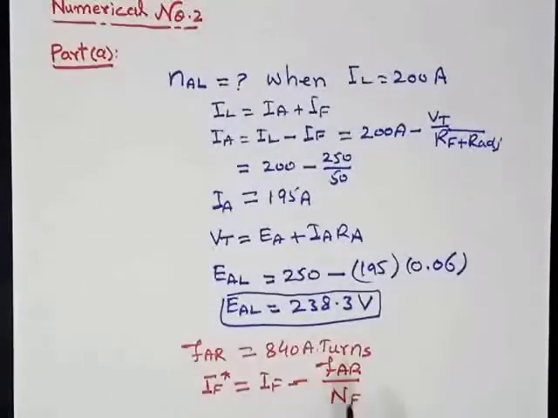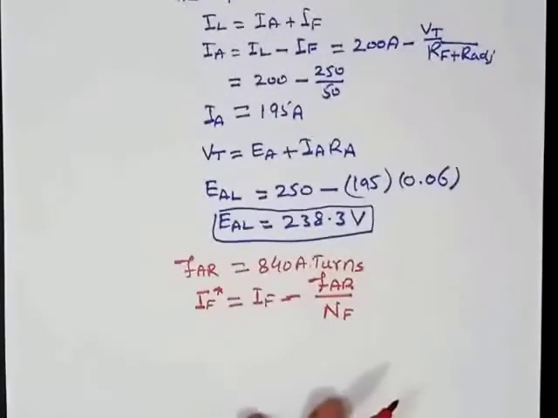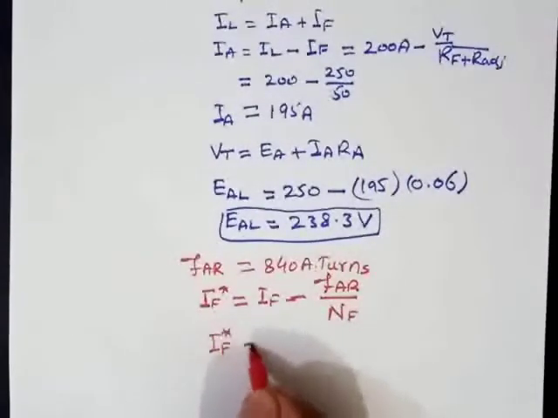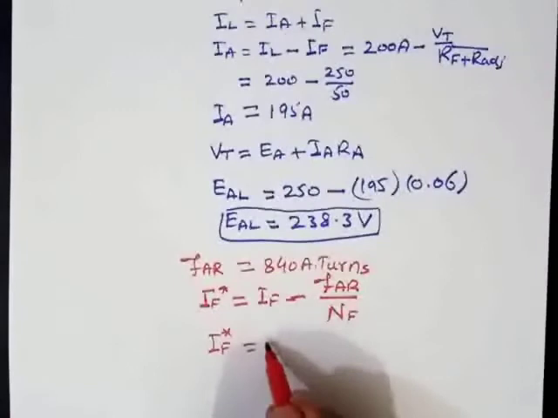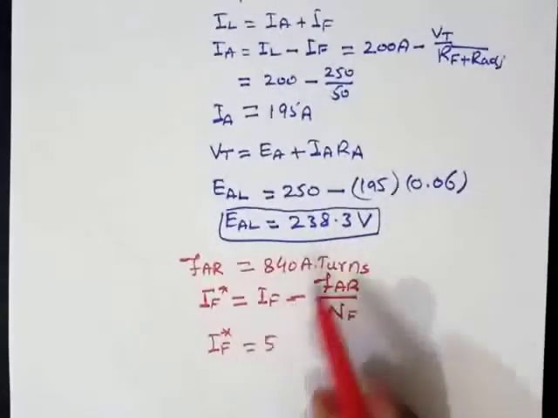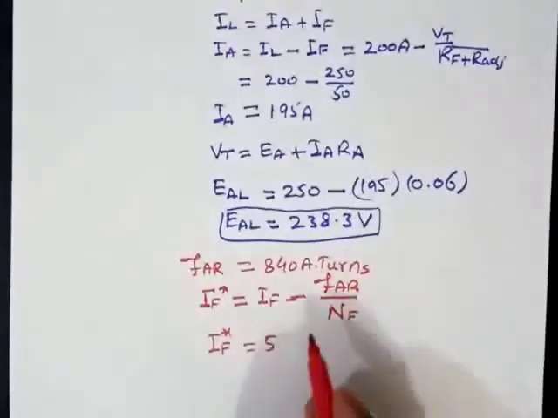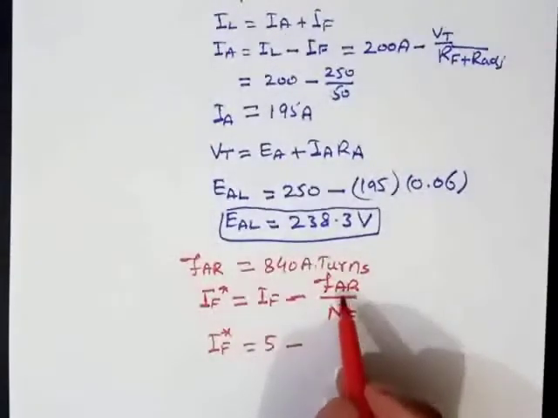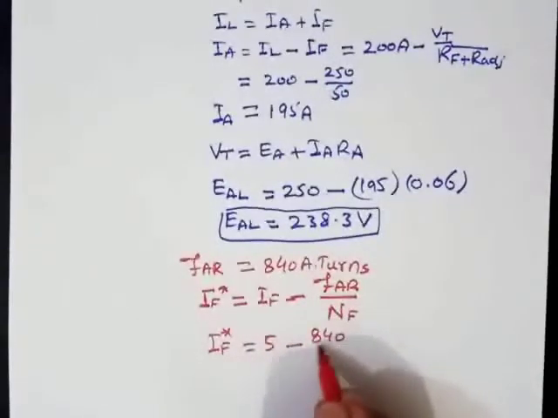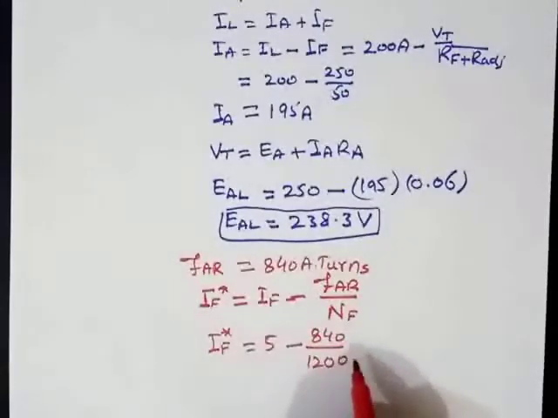Putting the values of IF, FAR, and NF in this equation, IF star is equal to 5 ampere, as we have already calculated above, minus 840, the armature reaction magnetomotive force, over the total number of turns, 1200.